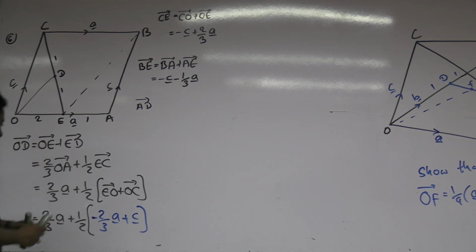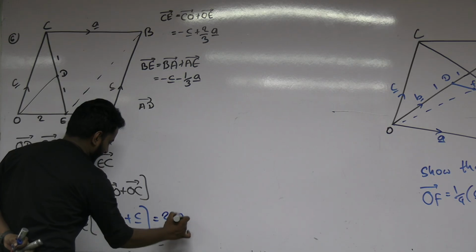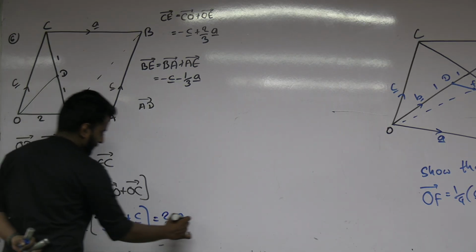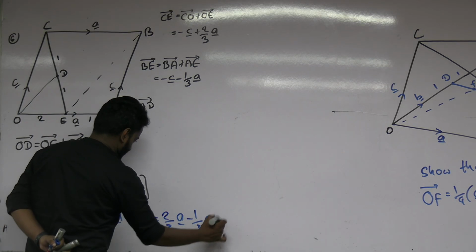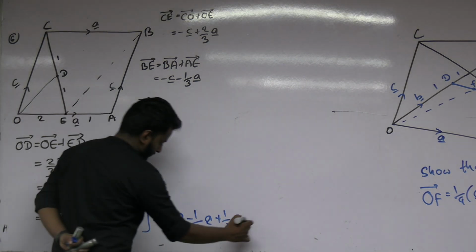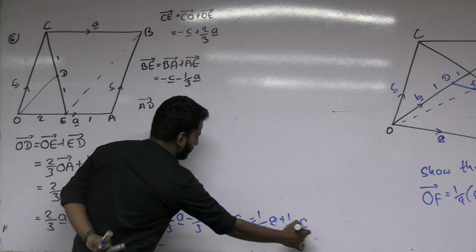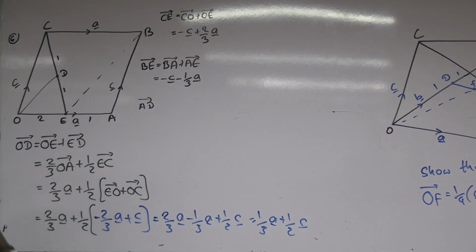When you multiply this by half, that would be much easier. So this is 2 over 3 A minus 1 over 3 A plus half C. So the answer would be 1 over 3 A plus half C. Is that the answer you got for OD?